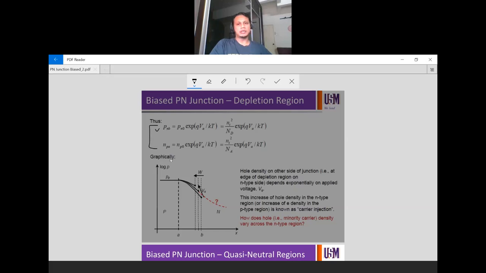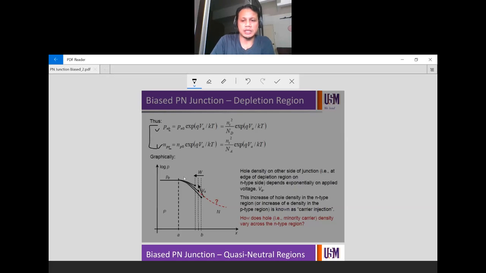PNB is the density of minority holes in the n-type region, on the other side, at point B, at the end of the depletion region. Remember the borders A and B. NPA is the density of electrons in p-type at point A, at the other end of the depletion region.